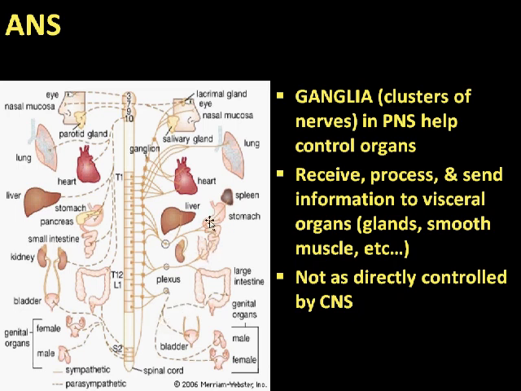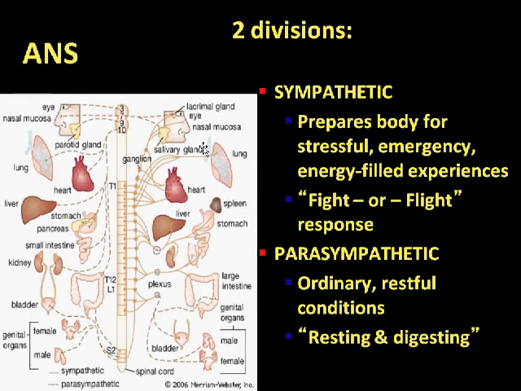Like I said, mostly your digestive system, but we have a reproductive system, respiratory, cardiovascular system, and so these things that are not directly controlled, or not as directly controlled, by the central nervous system.